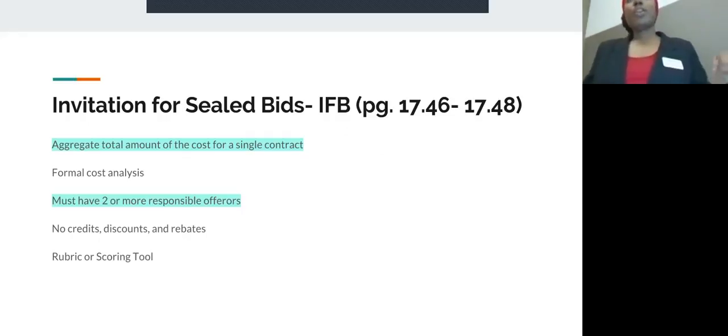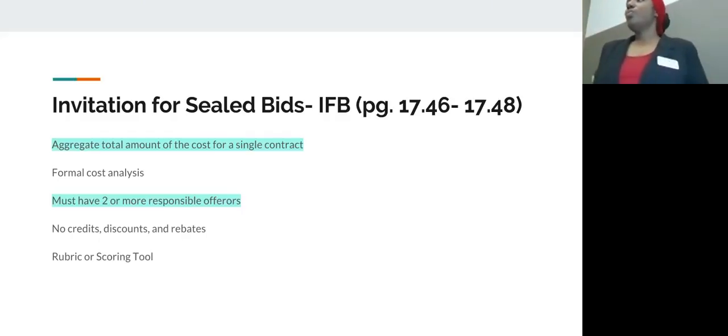Once you receive all your offers, you score according to what each company is able to offer you. From that standpoint, you're able to select the best price for you. That would be your rubric or scoring tool, your backup in terms of why you selected the company you've selected.